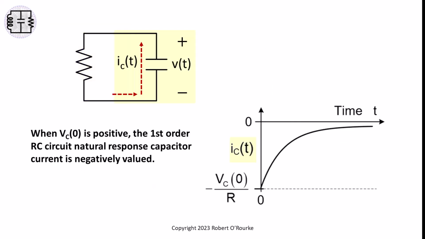That same current, going counterclockwise around the RC circuit loop, is negatively valued relative to the reference polarity of the capacitor voltage. This is why the RC natural response capacitor current is negative when the initial condition capacitor voltage is positive.